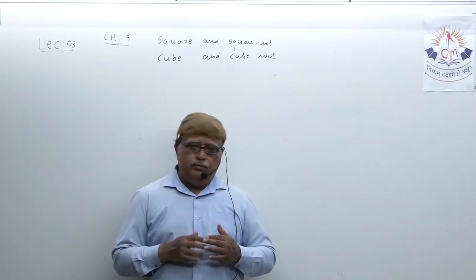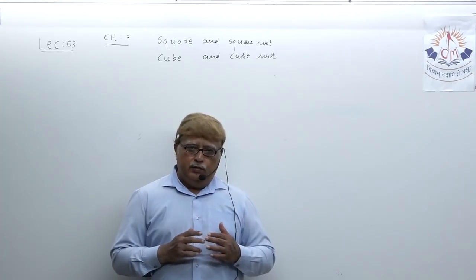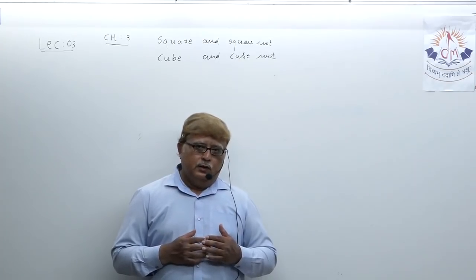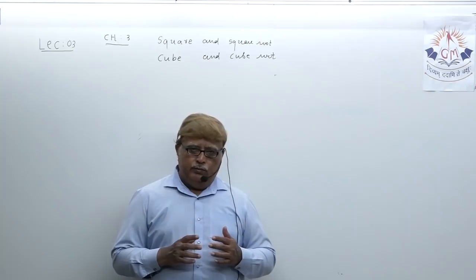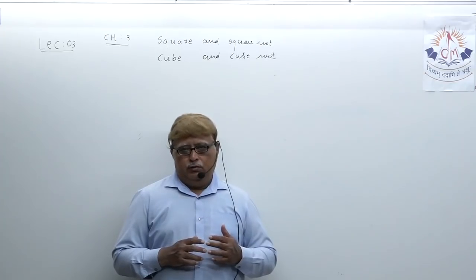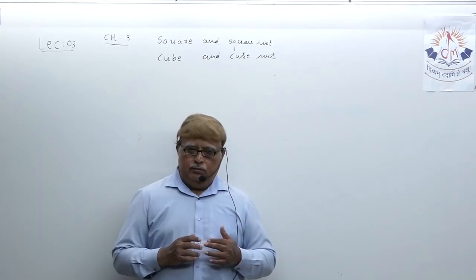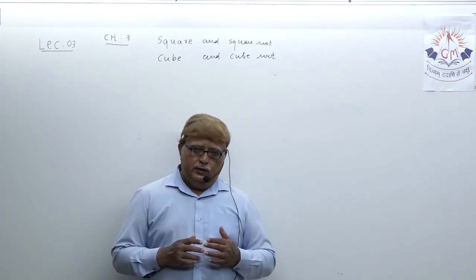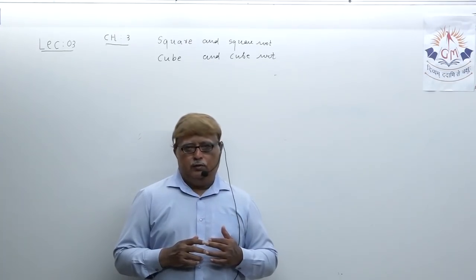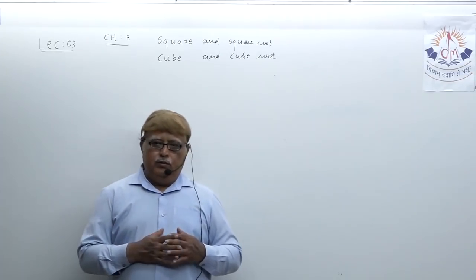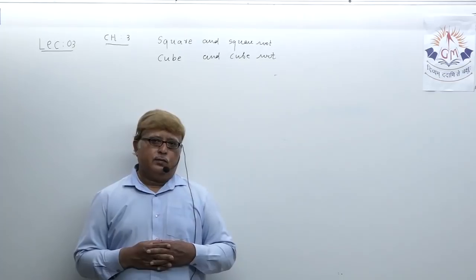At the same time, we have also given you concept and you are taught the method how to find square root of any number by method of prime factorization that you all know very well.